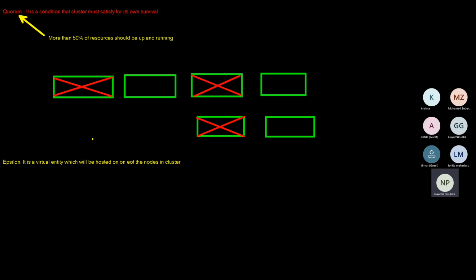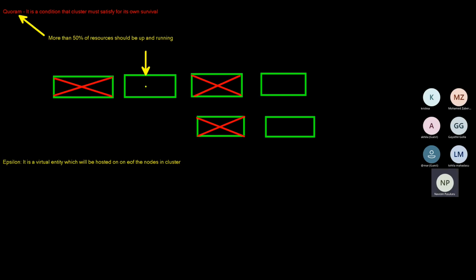For example, if this epsilon is on top of one of the surviving nodes, then the cluster will not shut down. The nodes will not go down. Whatever is up and running will keep on running, and will be able to serve the data to clients.